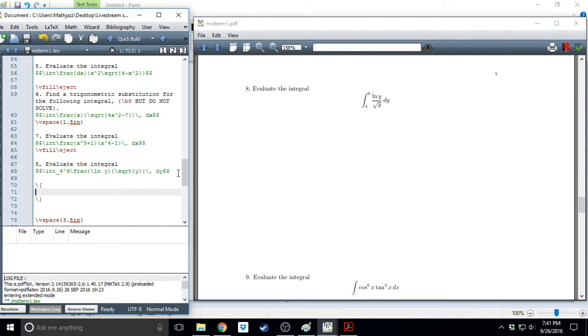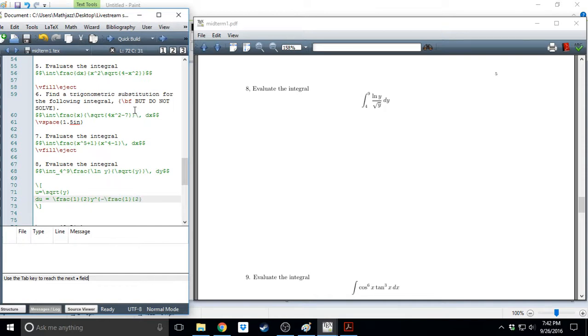Let's make it equal the square root of y. U equals square root of y. So that would mean that du is equal to 1/2 times y raised to the negative 1/2, times dy.